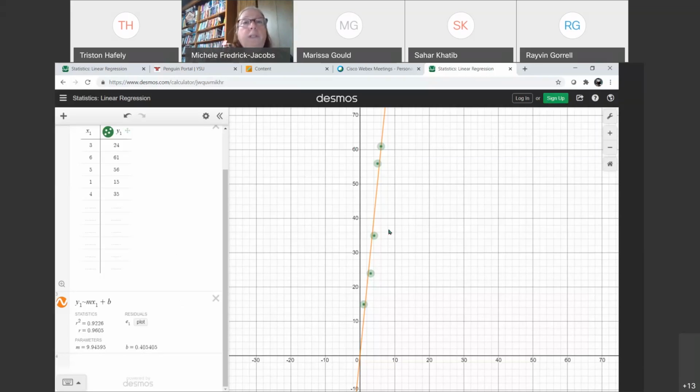I know to use it is free, so I would think to be a member would be free. But then you could save things. Notice the R squared, 0.9226, and we had the exact same thing. The slope is 9.94595, so it went one more decimal place, and this one went 2 more decimal places.